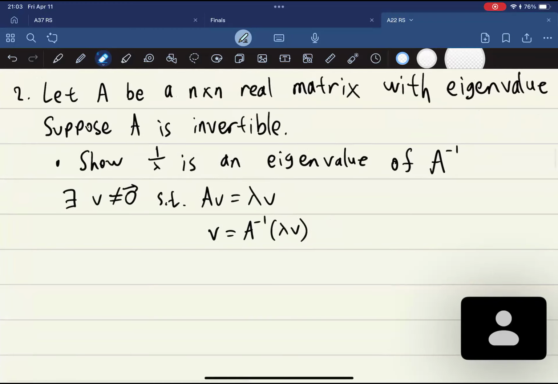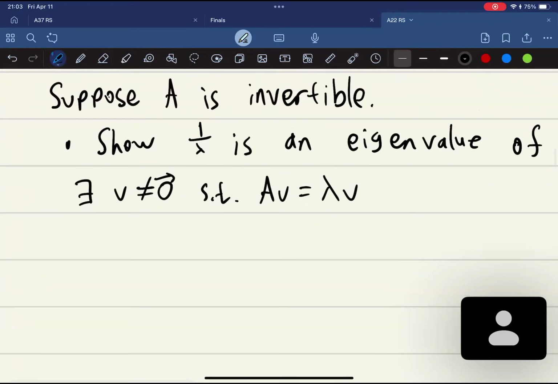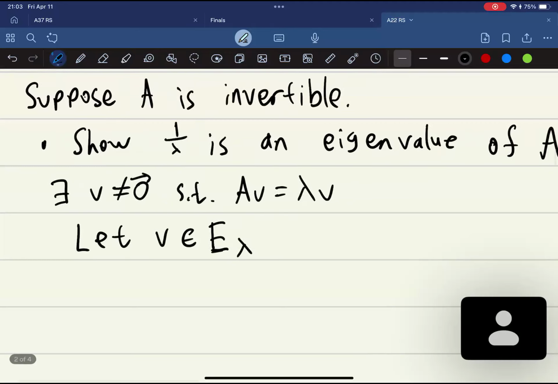Yeah, okay, I think most of you got an idea of it, maybe not the best way to write it down, so I'll just go over it. We let v be an eigenvector with eigenvalue lambda, such that v is non-zero.